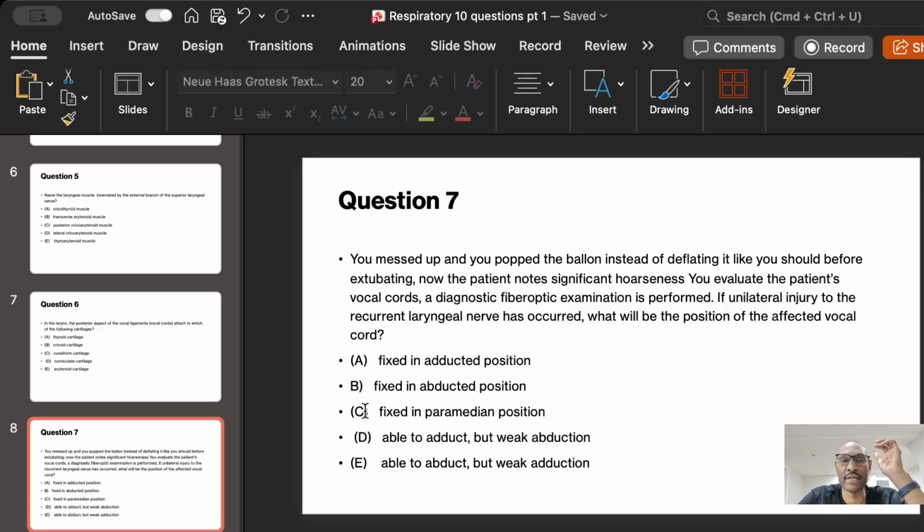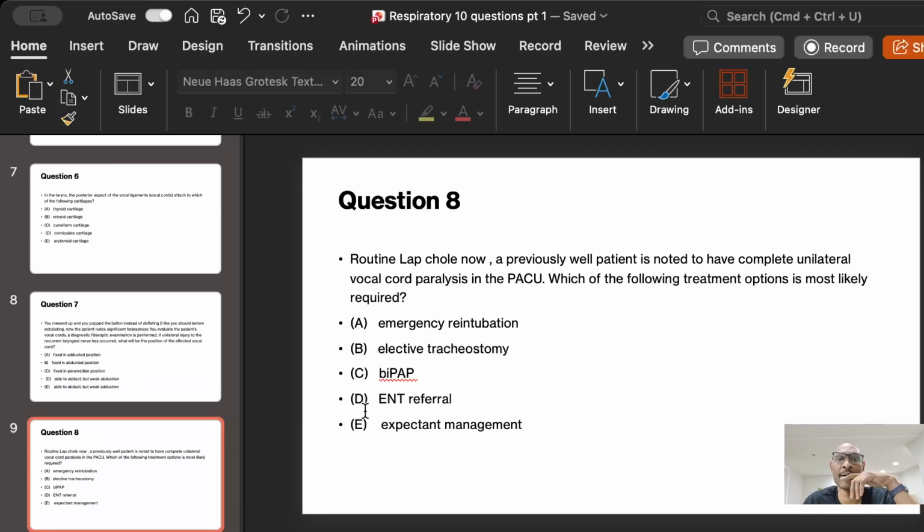And then question 8 asks about unilateral vocal cord paralysis. That kind of piggybacks off of question 7. Let's say it's the same patient, they have a unilateral vocal cord paralysis. This one goes a little bit deeper, talking about management.